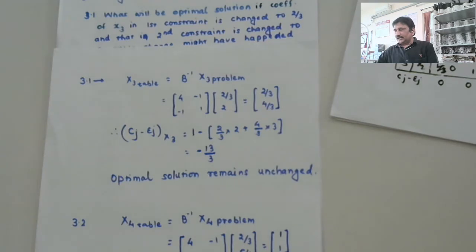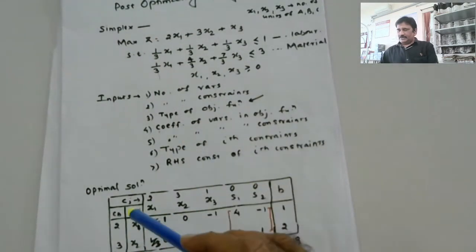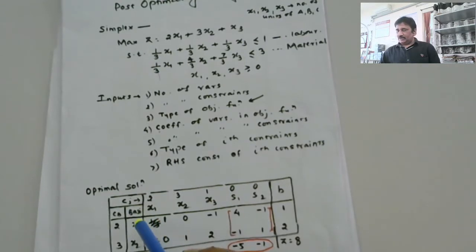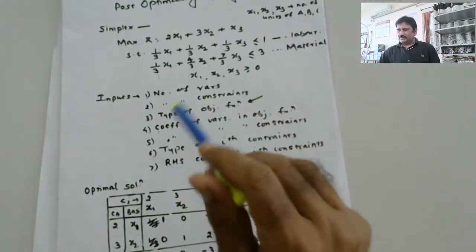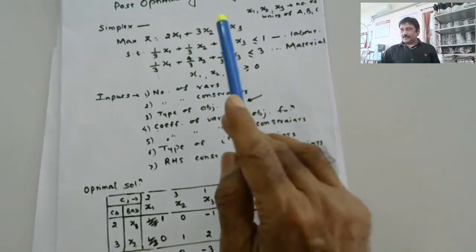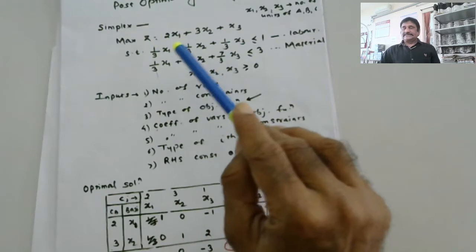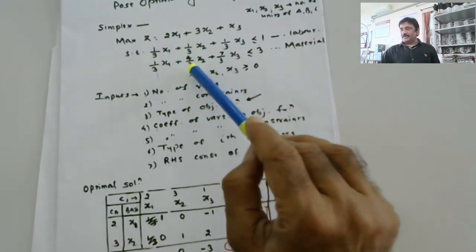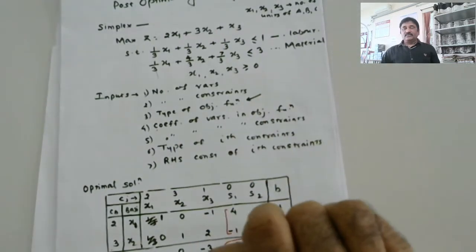The basic matrix is formed by the columns of x1 and x2 variables in LPP, particularly taking the coefficients of x1 and x2 in the constraints 1 by 3, 1 by 3, 1 by 3, 4 by 3, forms your basic matrix, and this is the inverse of that matrix.